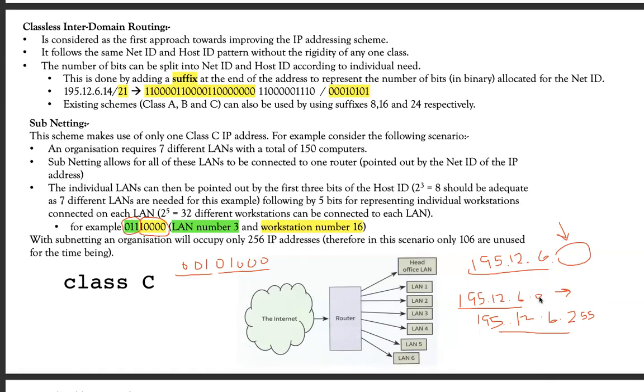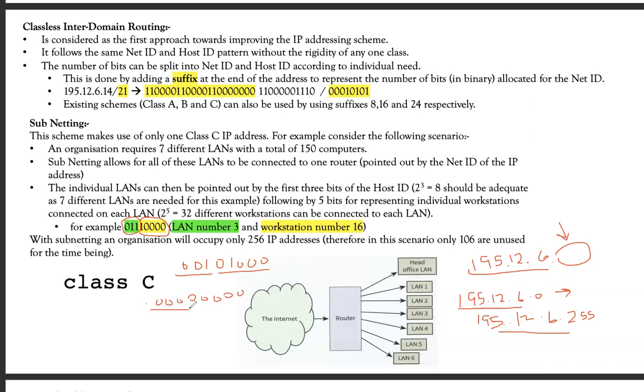If you represent this value in a byte, that's 8 zeros. So 8 zeros means LAN number 0 and computer number 0. And that's a perfectly valid computer number.